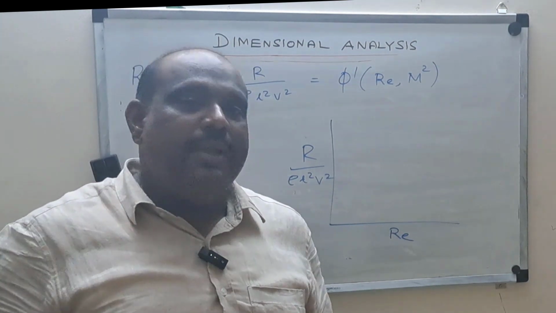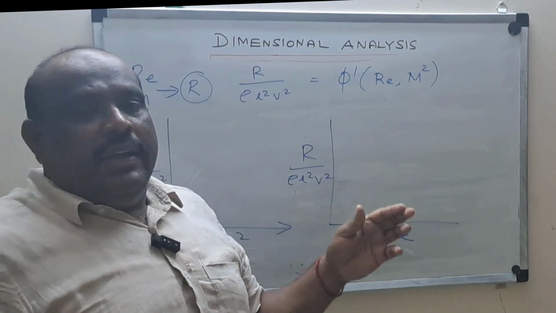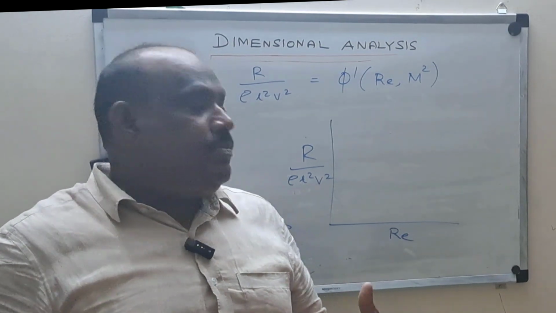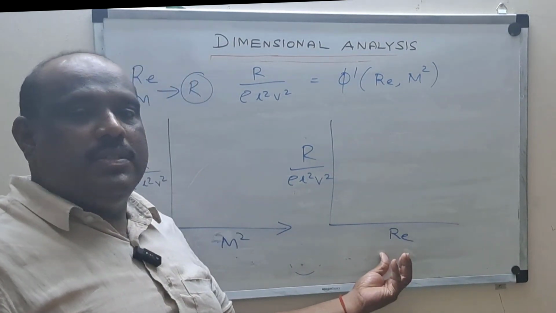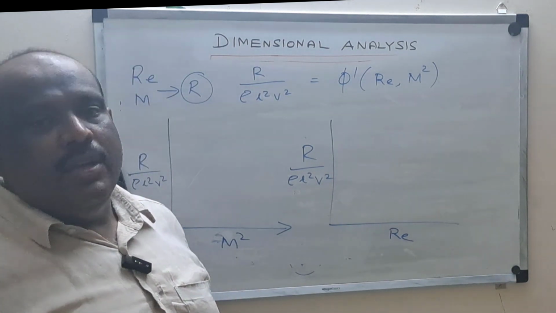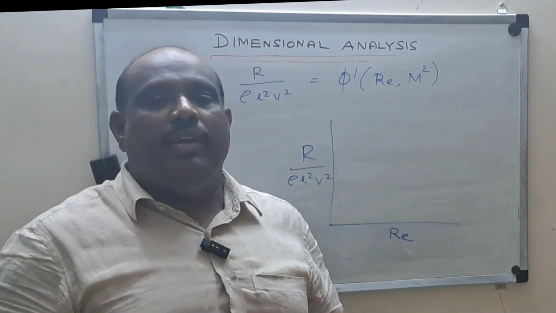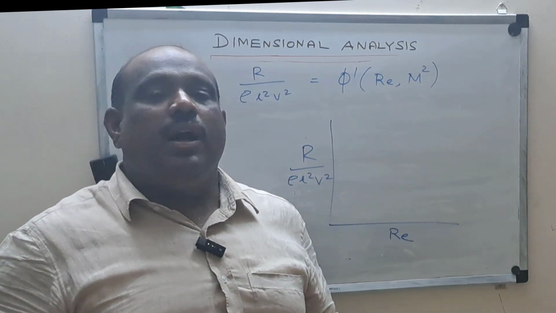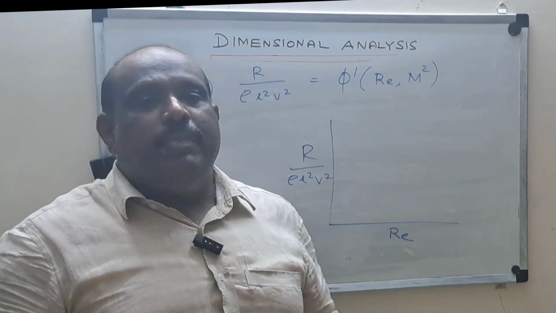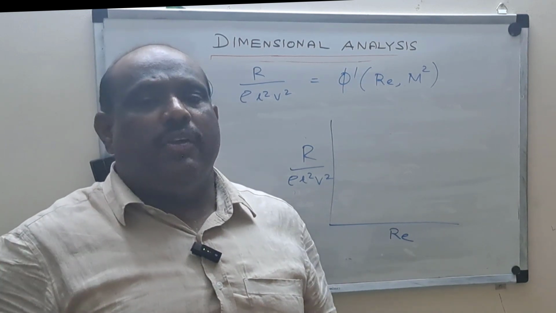But our aim is to convert the dependent variable, which depended on 5 variables, into 2 non-dimensional numbers, namely the Reynolds number and Mach number. If I am able to draw the plot between these two, I will be able to obtain the value of R directly. So this gives a very direct method of converging various variables to arrive at the optimal solution.